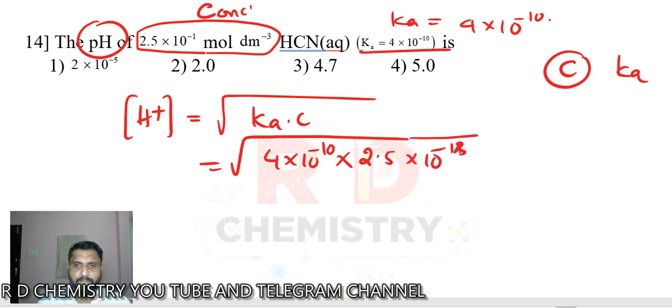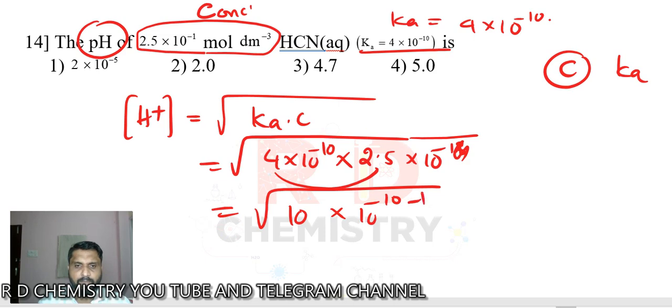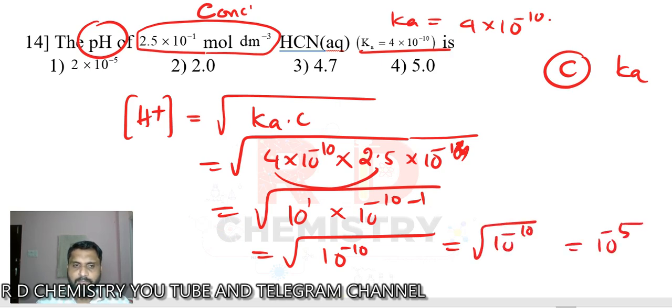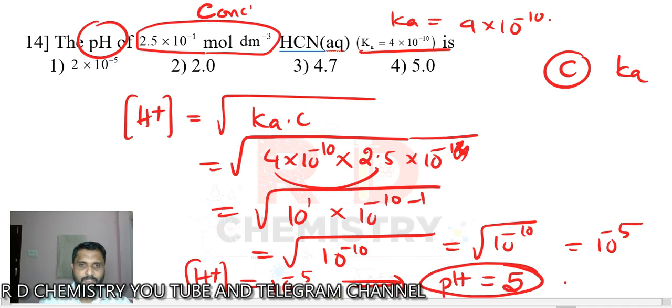So 2.5 into 4 is 10, then the remaining 10 power minus 10 and minus 1 are there. All these put together is 10 power minus 10. The square root of 10 power minus 10 is equal to 10 power minus 5. So H plus concentration is equal to 10 to the power minus 5. For pH, directly write 5. Right, yes, so the answer is option number 4, the fourth one is the answer.